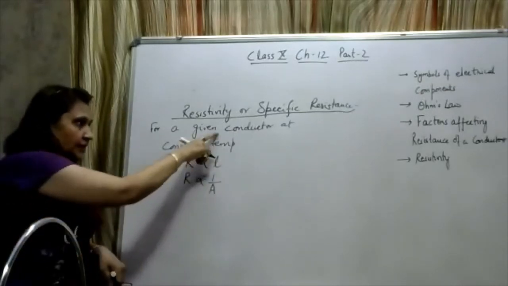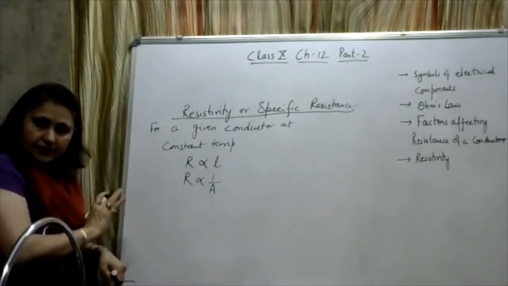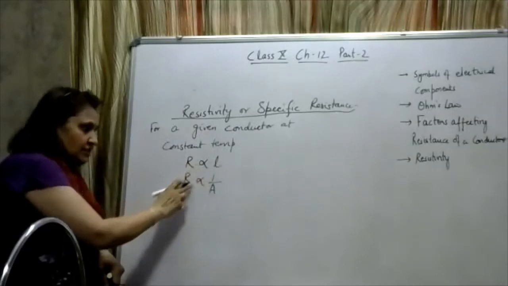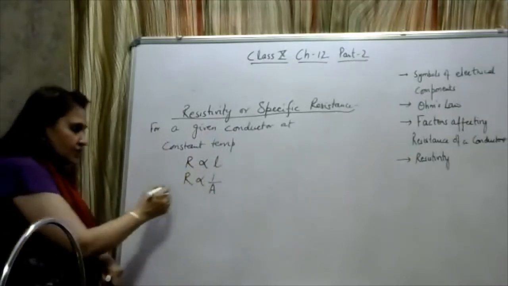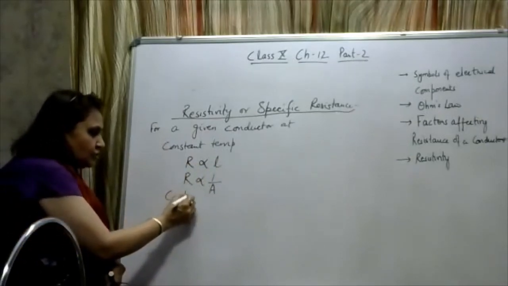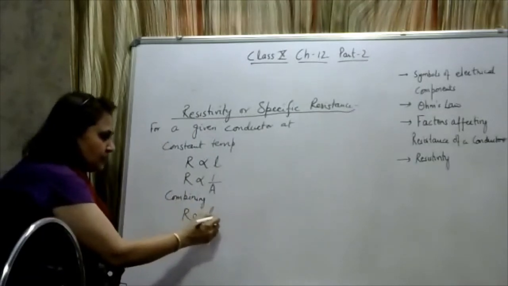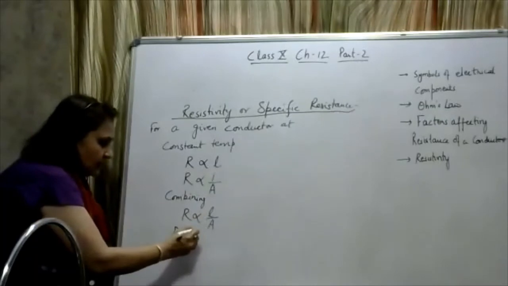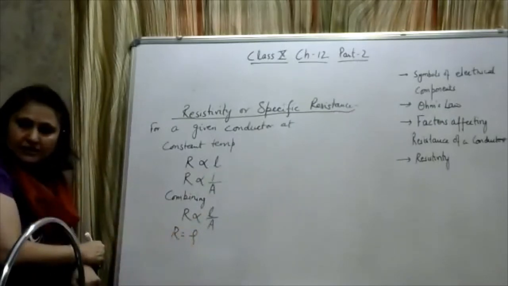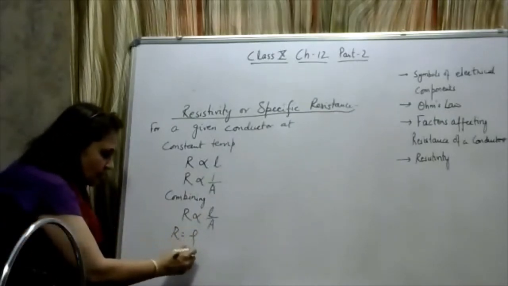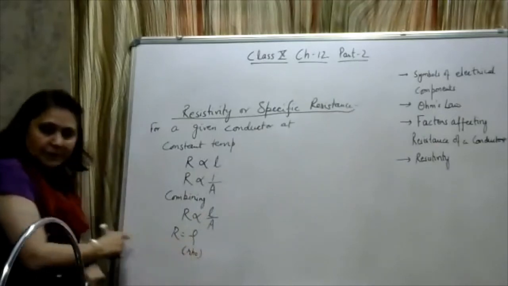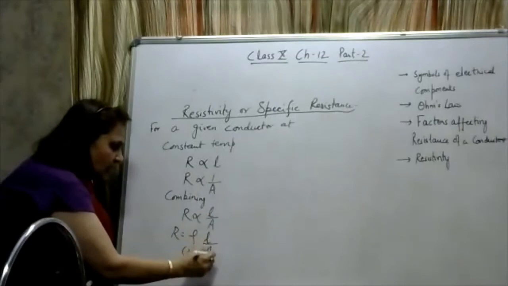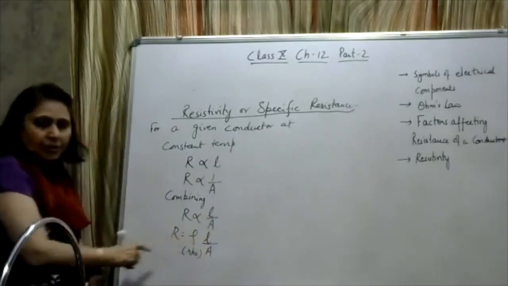Now the material is the same, given conductor. It means the material is the same and the temperature is constant. Then the resistance depends upon length and cross-sectional area. Combining these two, we get resistance is proportional to length upon area. Equating it, some constant of proportionality comes. Here the constant of proportionality is represented by a Greek symbol called rho. So R is equal to rho L upon A.